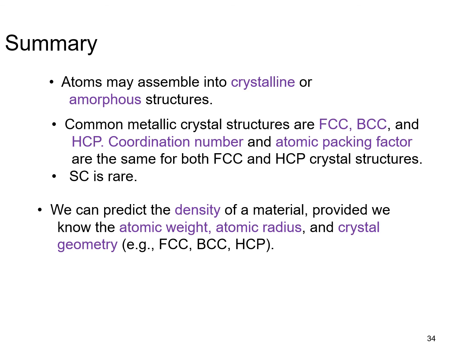We have this close packed direction. We know that there exist other forms such as the hexagonal close packed structure, and that the simple cubic structure is pretty rare. We learned how to predict the density of a material given the atomic weight, radius, and the crystal geometry.